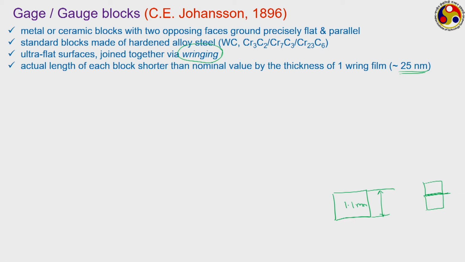Therefore, the dimensions of both of these blocks take care of this ring film, and when we take this measurement, we get the exact value, because this 25 nanometer film thickness is being taken care of while fabricating the blocks themselves.